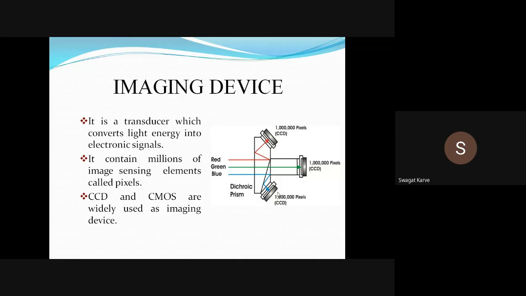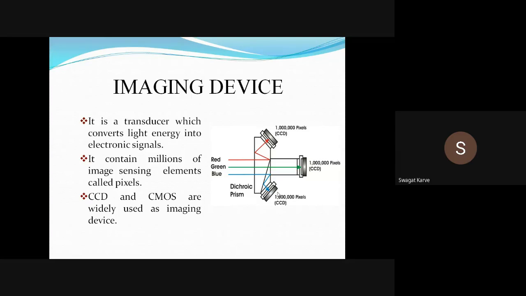It will again split that RGB light. Okay, and it will divide that light, right? That means the first red light will go to a first CCD sensor, then that second green light will go to a second CCD sensor, and the third blue light will go to that third CCD sensor.